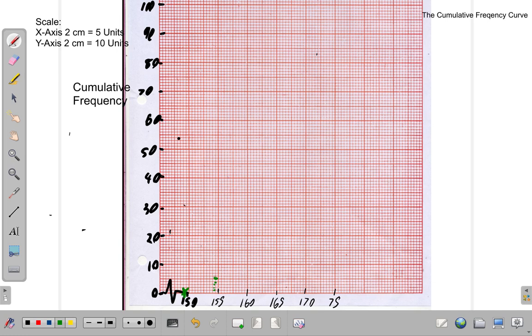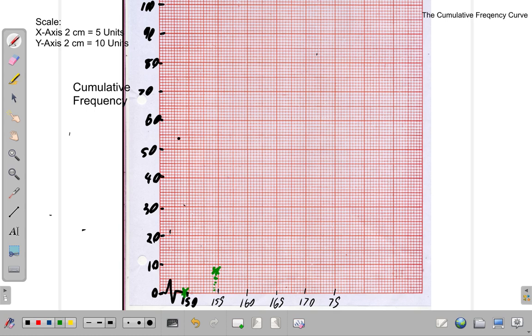Now, continuing up, 6. Another small square means 7. Then the next one means 8. So 8 would be somewhere along here. So you accurately locate 8. Now, as for the small squares going across, you have 10 small squares between 150 and 155.